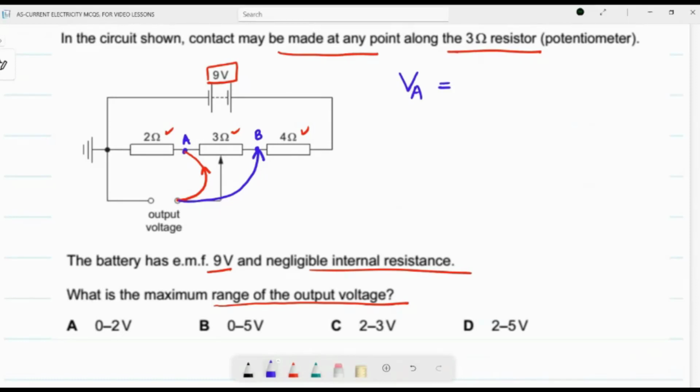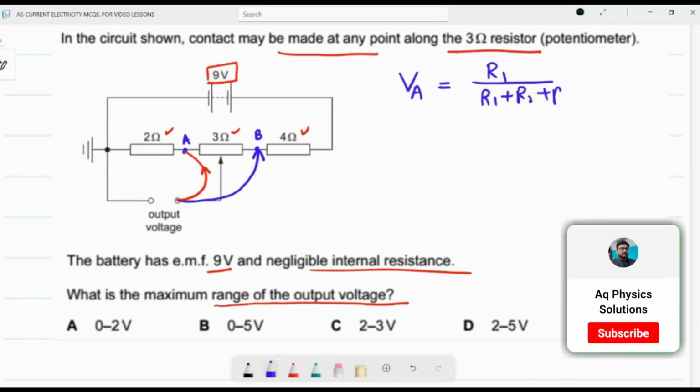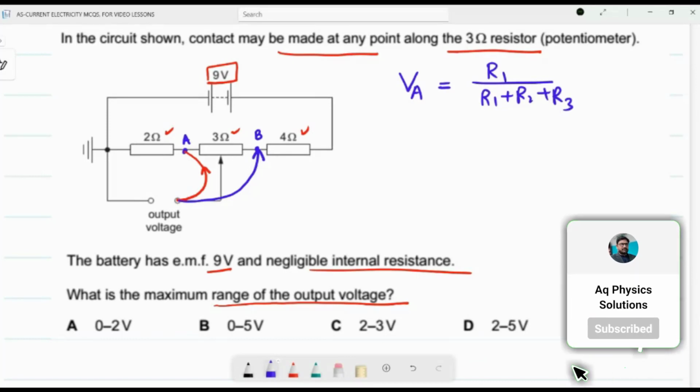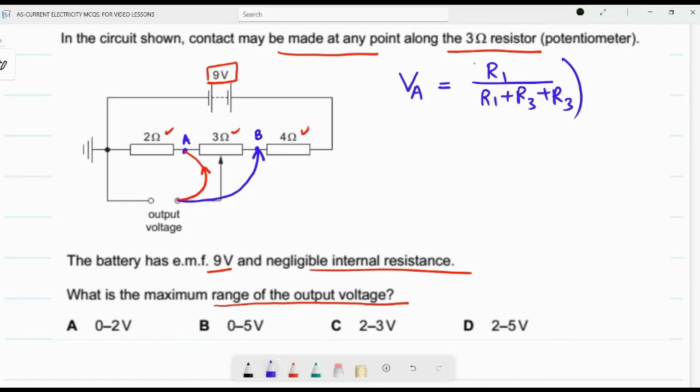As I told you, the formula is R1 divided by R1 plus R2 plus R3, because there are three resistors in series now, times the total voltage. So R1 is your 2 ohm.